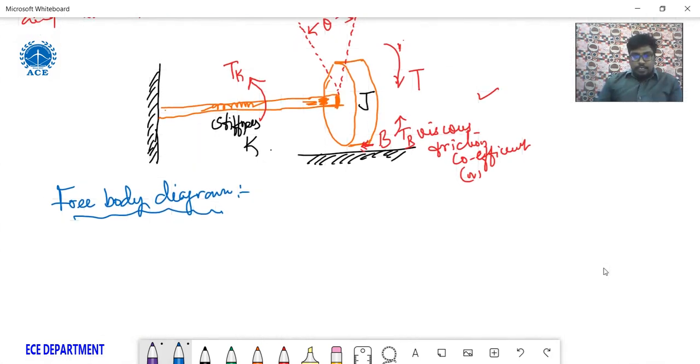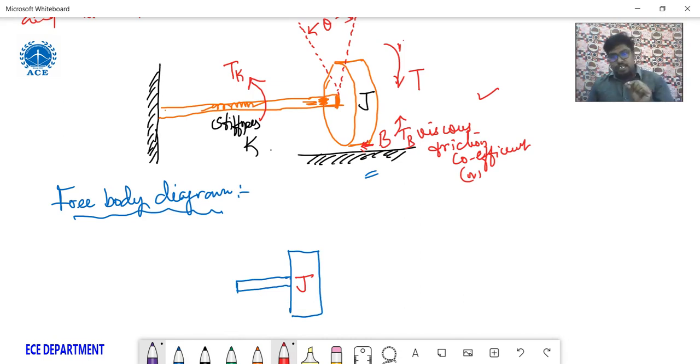So see, this is my free body diagram, and here it is the inertia element, right, and we have a stiffness there, I am writing it like this. So this is a free body diagram for the given rotational system. Now you only need to write the opposing torques here, right?